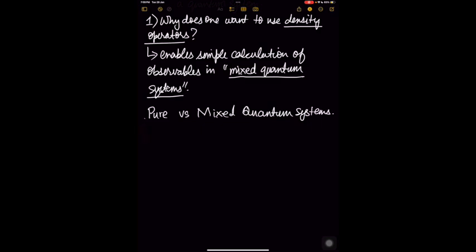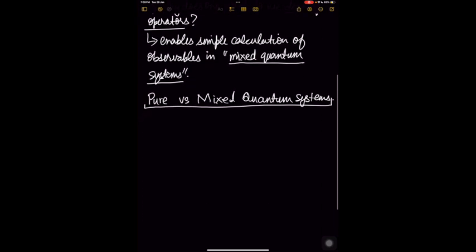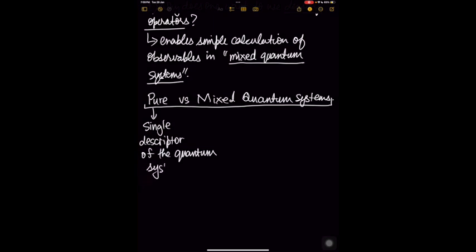In the case of a pure quantum system, which is denoted by psi of t, you have a single descriptor of the quantum system, let's say psi of t. So this would be a pure quantum system.